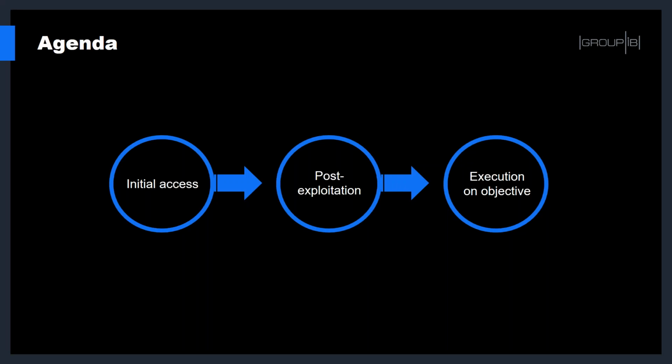It, of course, depends on the company, the size of the ransom, and the availability of backups for the company, etc. Finally, we'll take a look at ransomware deployment. Okay, so I think we are ready to start from our first topic.